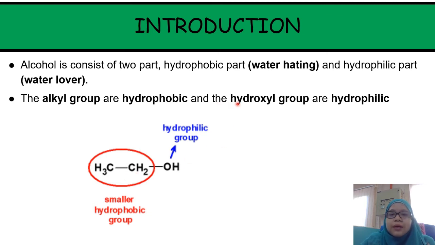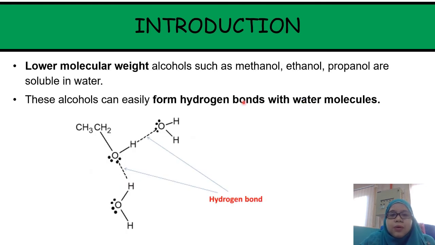And then we have the hydroxyl group, which is hydrophilic, the one that can form hydrogen bonds with water molecules. So lower molecular weight alcohols such as methanol, ethanol, propanol are soluble in water. Because of this, alcohol can easily form hydrogen bonds with water molecules.